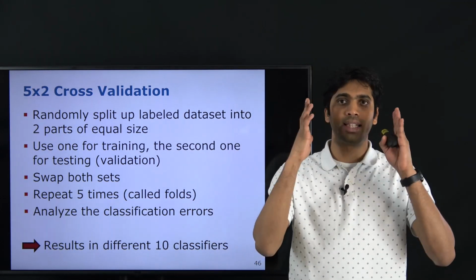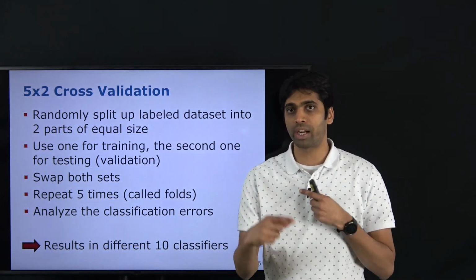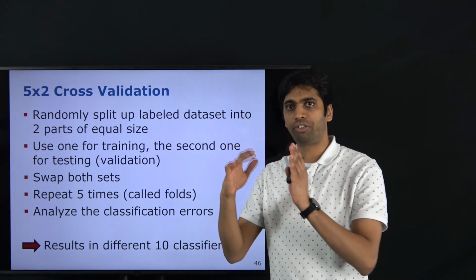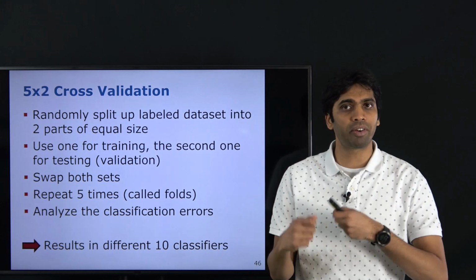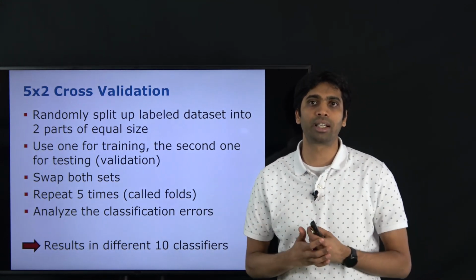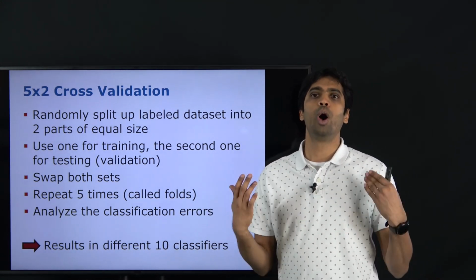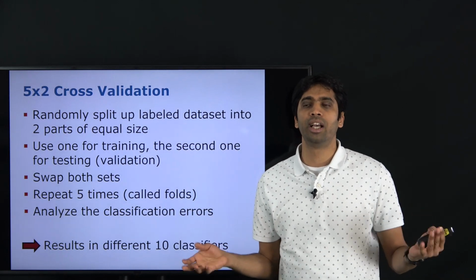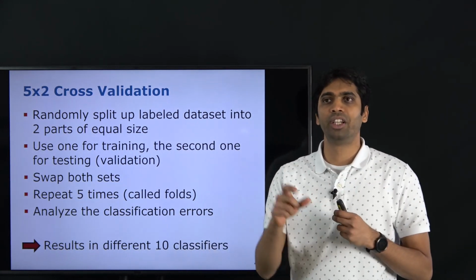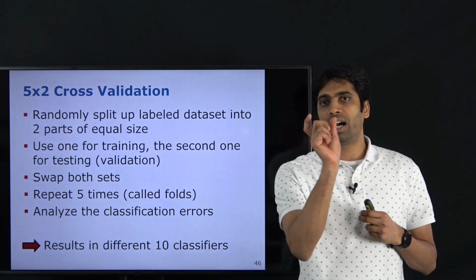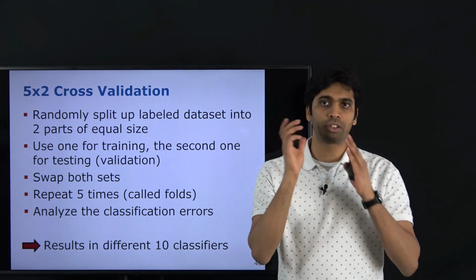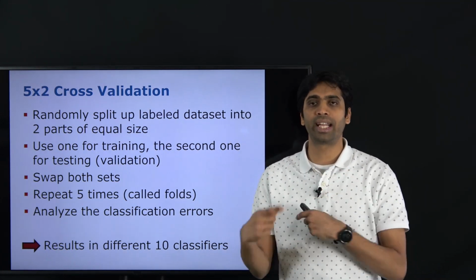Then we use, let's say, the first 50 examples to train our model, and then we use the next 50 examples to compute all these metrics that we introduced to evaluate the classifier. Then we shuffle our data set again, make another split into two parts, 50% each, and do the training and testing again.